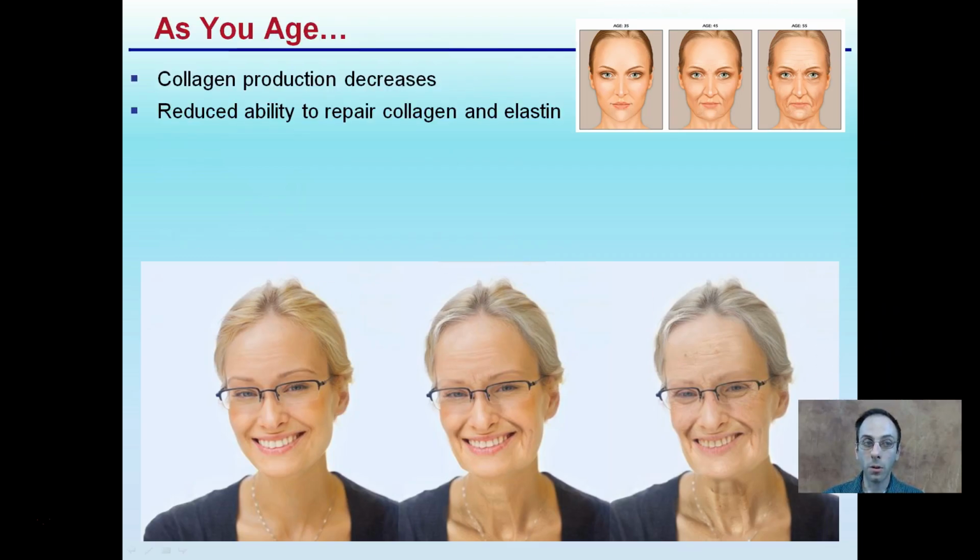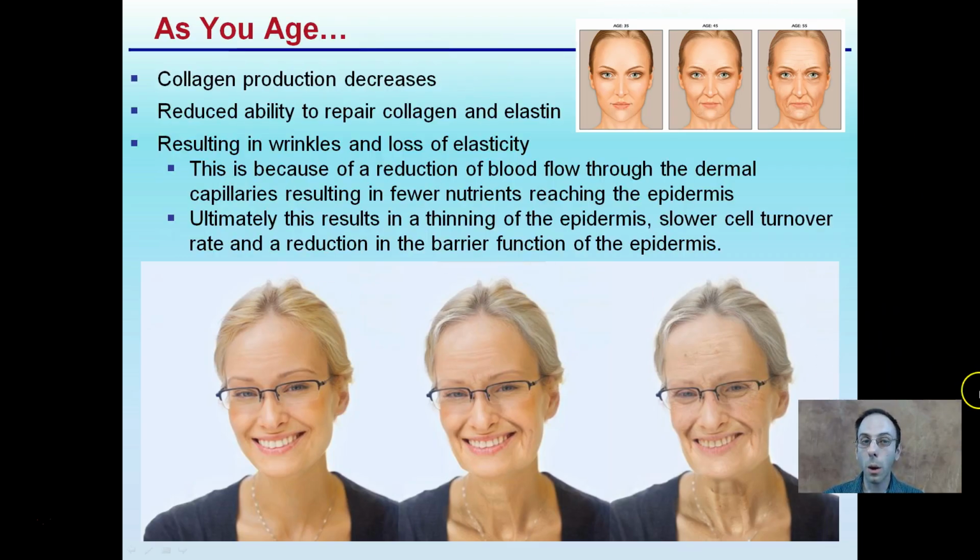So again, giving you that progression, as you age, collagen production decreases, and this reduces our skin's ability to repair, and it becomes less elastic. You see more of a cartoon image here, and more of a real-world simulation here. This loss of elasticity of our skin causes wrinkles. This is because of reduced blood flow through the dermal capillaries, resulting in fewer nutrients.